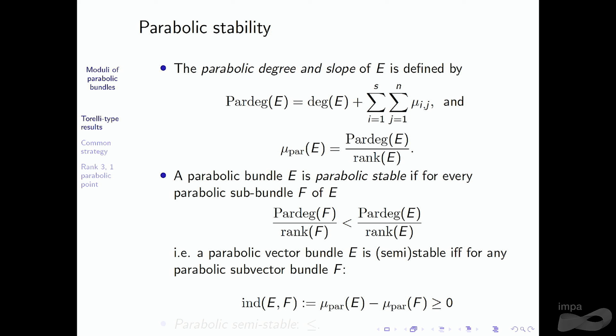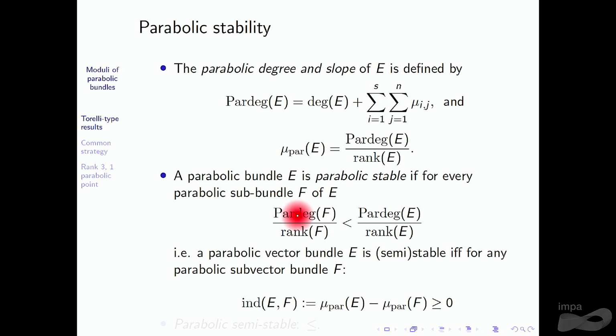But now here you have this extra parabolic structure, and again you want to have some kind of a moduli space of parabolic bundles, so you have these weights to give you parabolic degree, which is different, and then again you define stability in this way: a bundle is parabolic stable if for every parabolic subbundle, the parabolic degree of the subbundle over its rank, so the parabolic slope of the subbundle, is strictly less than that of the bundle. Okay? That's when it is stable. If it is less than or equal to, it is semi-stable, just as you have for the normal stability.